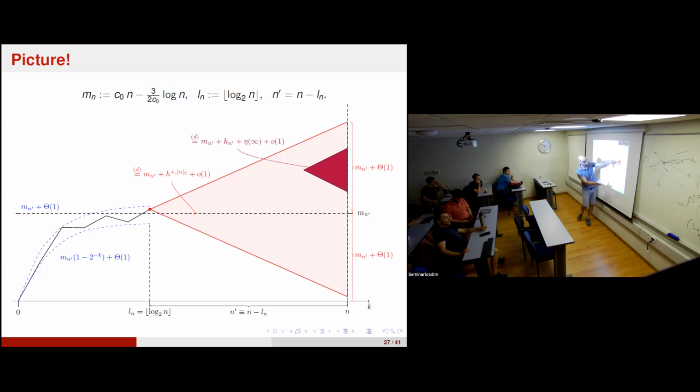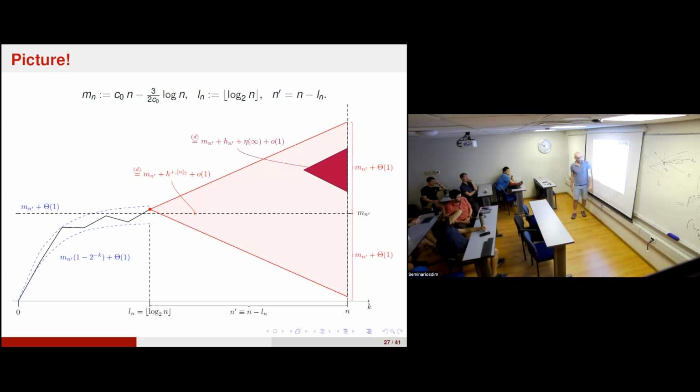If you look at a neighborhood which is not the entire tree, then the effect of the conditioning is just the effect of a random shift, and this is where these etas are coming from.